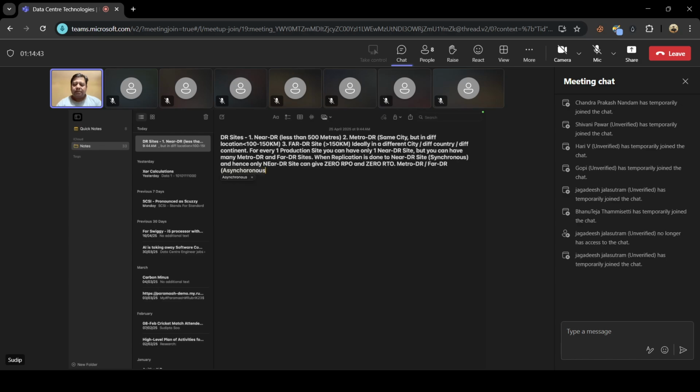Asynchronous replication means you are deciding the interval between one replication job or copy and another. If it is the metro DR, the frequency of replication is going to be higher. That means you can do it every half an hour, every 1 hour, like that.